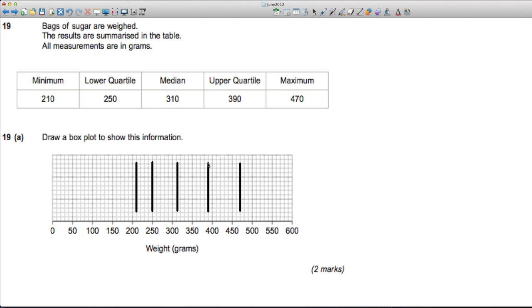Got everything we need there. Just draw a box for the interquartile range and a little line between each of these to the lower and upper. So let's label this: this is the minimum, this is the maximum, min, max, and let's call this the lower quartile, the upper quartile, and this one here is the median. And you're done there for 2 marks.